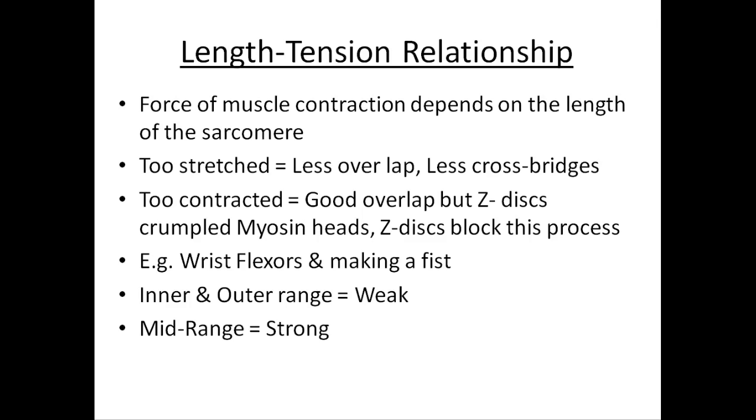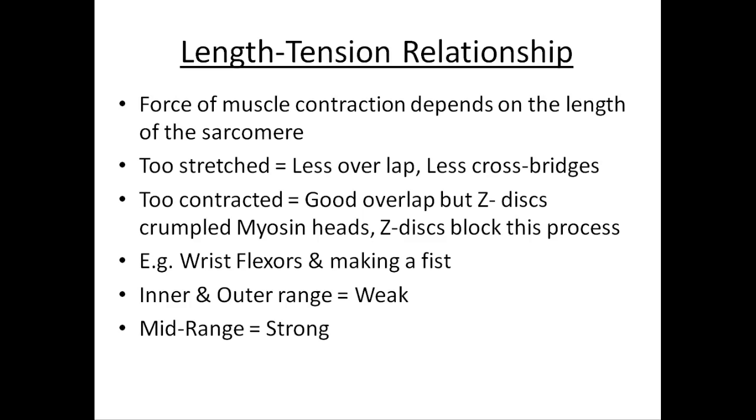So an example of this is when the wrist is in flexion. Flex your wrist and try and make a fist. You can't make a very strong fist in that position. And then if you kink your wrist all the way back into extension, same thing again, you can't make a fist very easily.